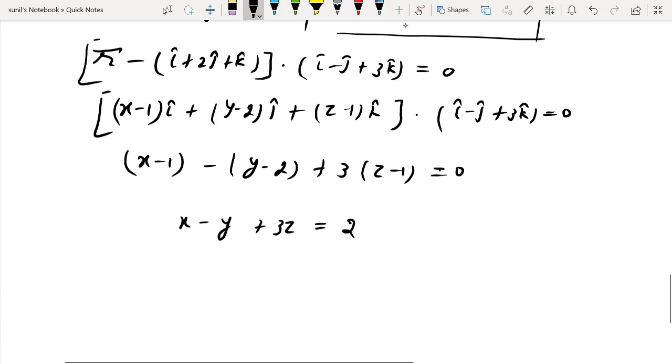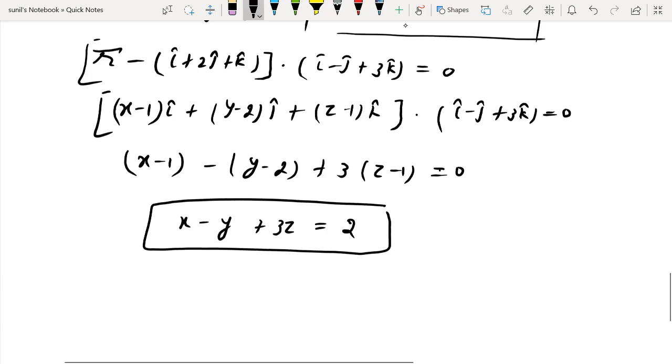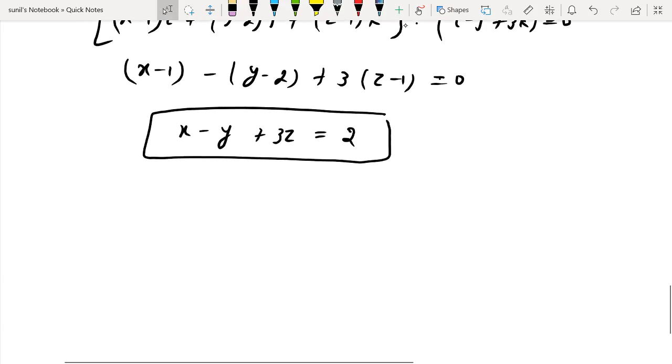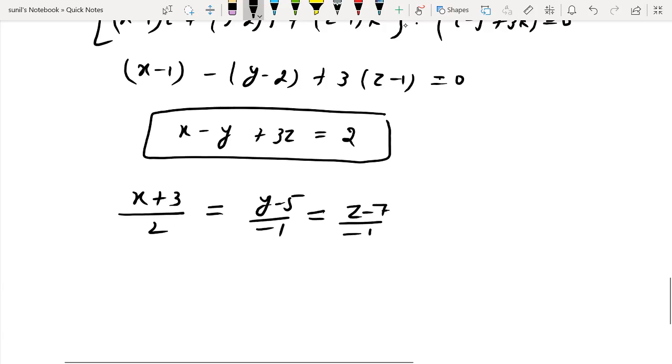Now in the same question they have asked us to find the distance of the line and plane. Now the equation of line is (x plus 3) upon 2, (y minus 5) by minus 1, equal to (z minus 7) by minus 1.